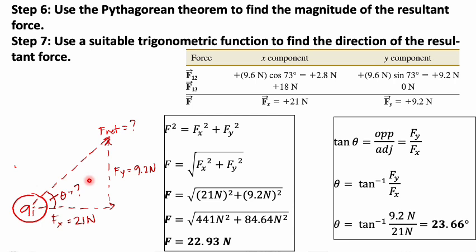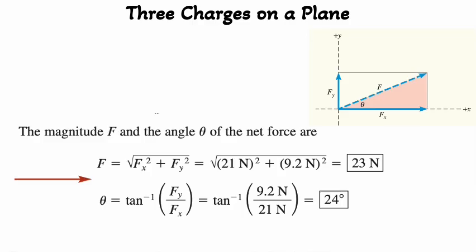So, since we already have the values, you can already adjust the length of the magnitude and its angle. So, eto yung result sa libro, no? Tig-round off na siya. 23 newtons and 24 degrees. And this is now the final illustration.